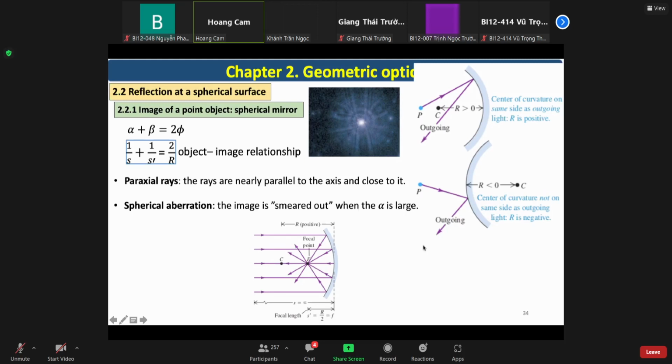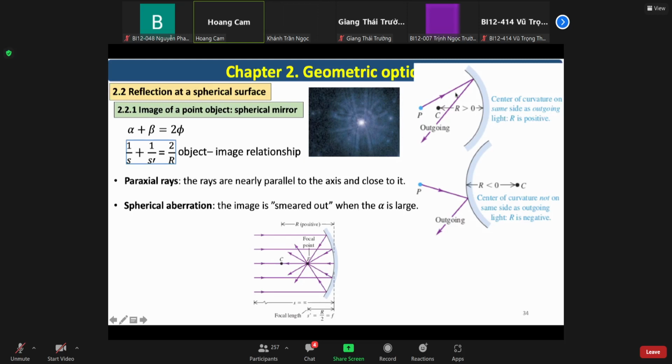So coming back to the sign rule for the radius of curvature, I remind you the radius of curvature is positive or negative depending on the location of the center of curvature and the outgoing ray.